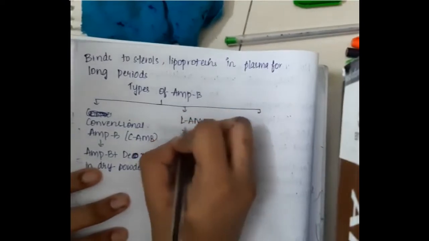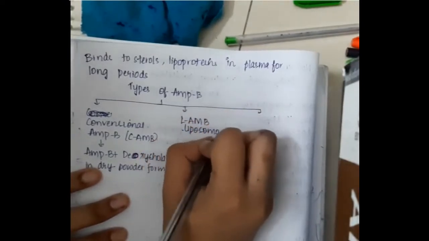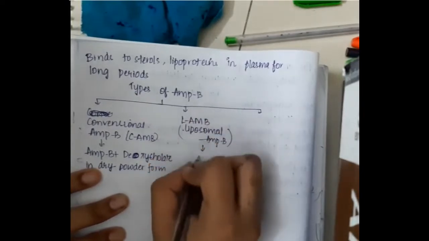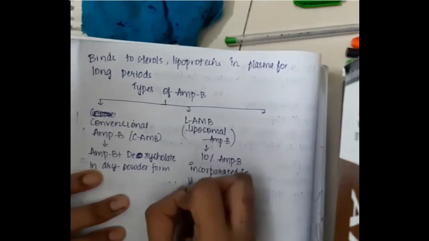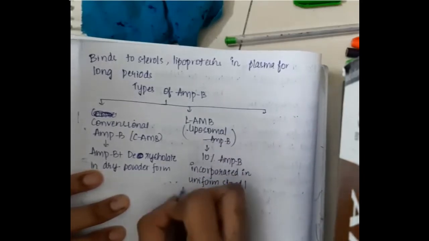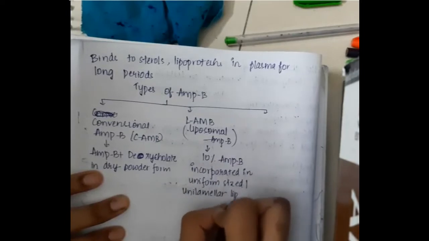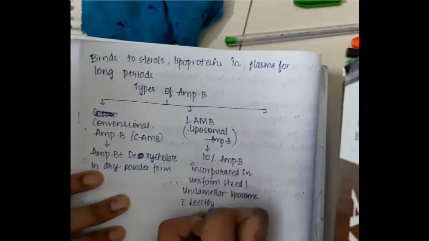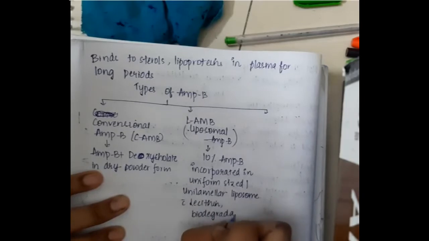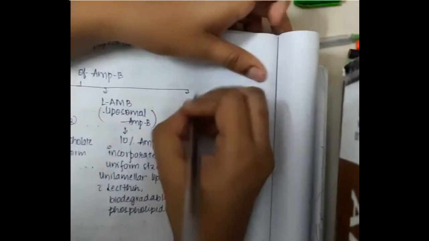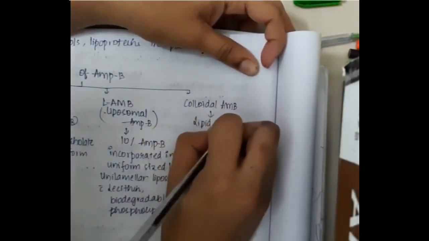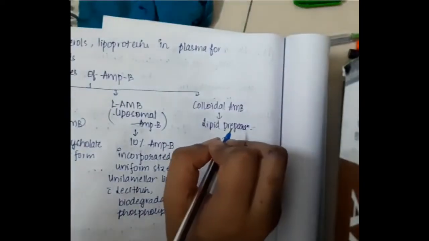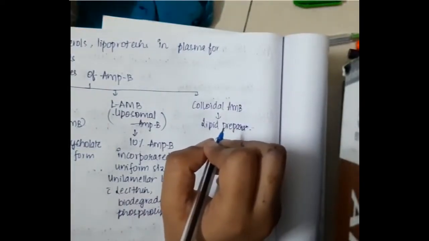Then we have liposomal amphotericin B, or L amphotericin B, where 10% of amphotericin B is incorporated in uniform sized unilamellar liposomes with lecithin degraded phospholipids. Then we have colloidal amphotericin B, which is important in lipid preparation. So these are the important types of amphotericin B.